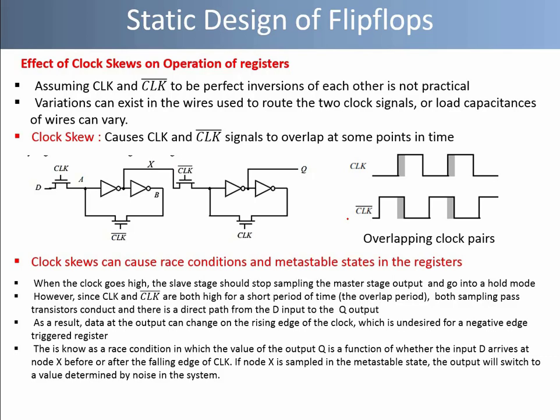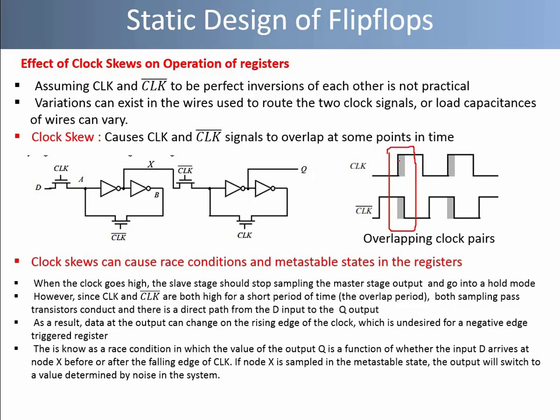So due to these two factors, there may be some instances of time at which the clock and clock bar signals may not be the perfect inversions of each other, and as a consequence there may be some situations when we have some sort of overlap between the clock and clock bar signals.